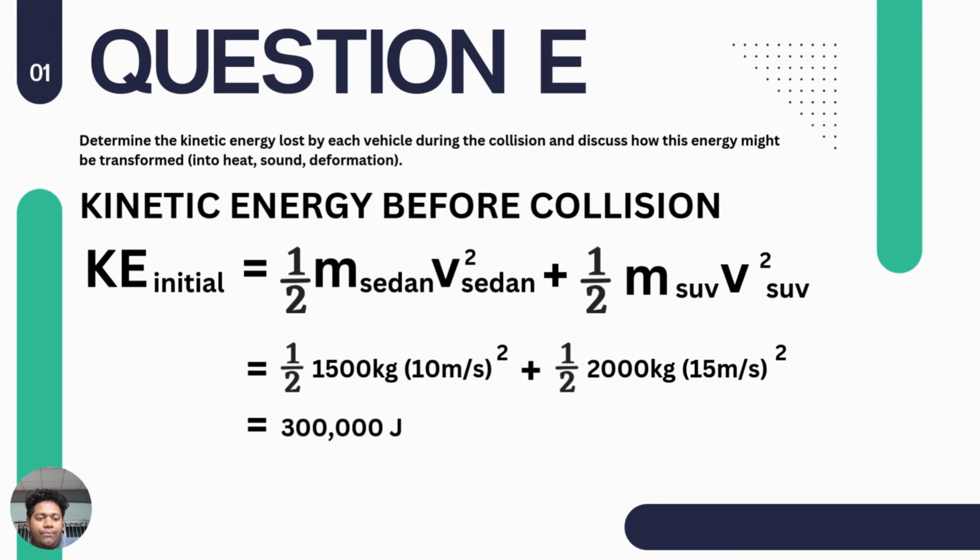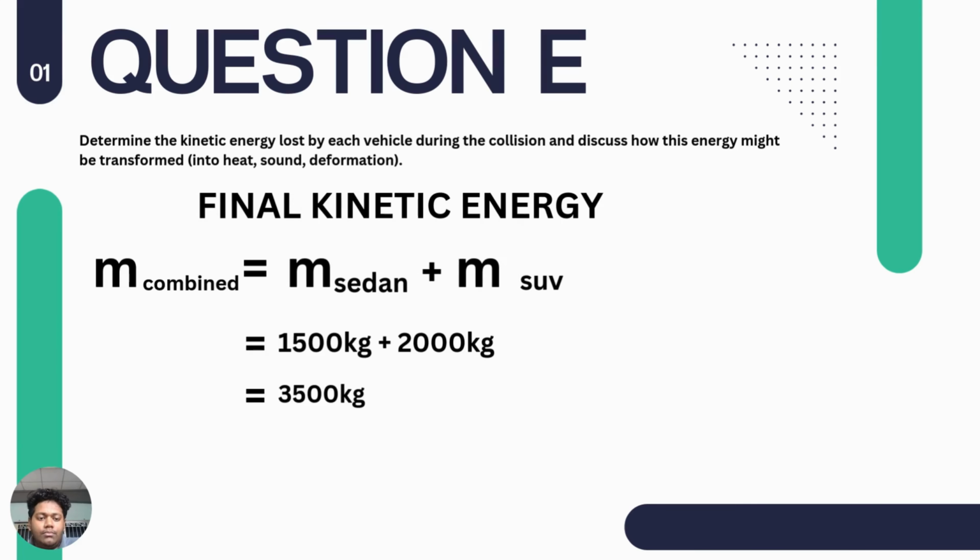As the formula says, initial kinetic energy is equal to half mass of sedan times velocity of sedan squared plus half of SUV mass times velocity of SUV squared, which is half of 1500 kg times 10 meter per second squared plus half of 2000 kg times 15 meter per second squared, which gives us 300,000 joules.